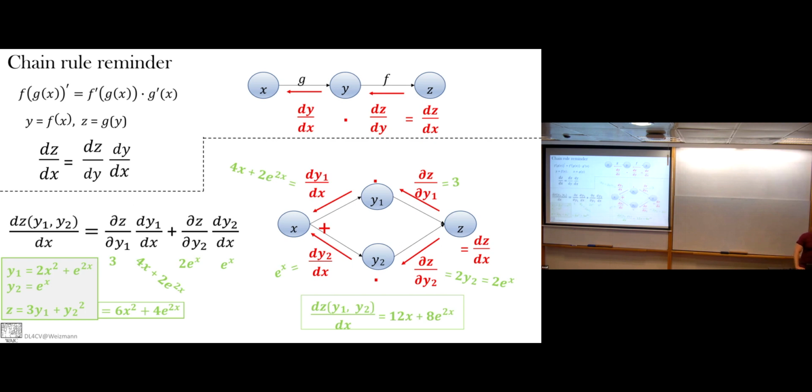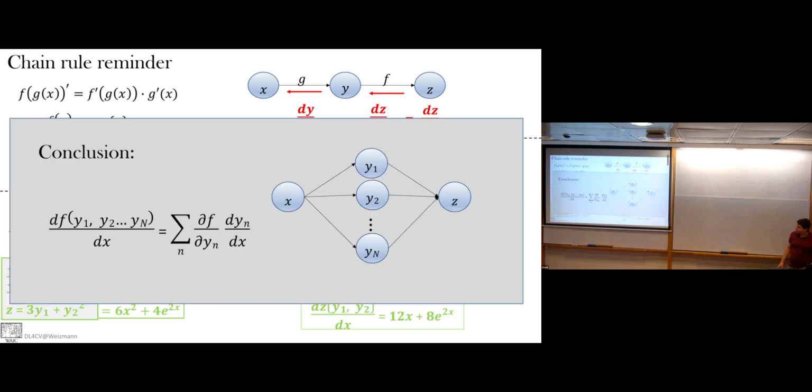And sorry if this was too basic for some of you, but here's the important conclusion of what we just did here. Whenever you see this pattern, so x goes to many nodes, and then the many nodes go to z, whatever, doesn't have to be x and z, of course, the derivative of z with respect to x is going to be a summation.